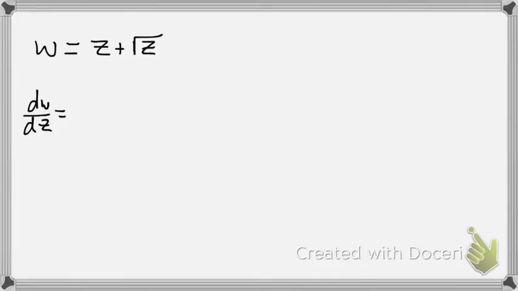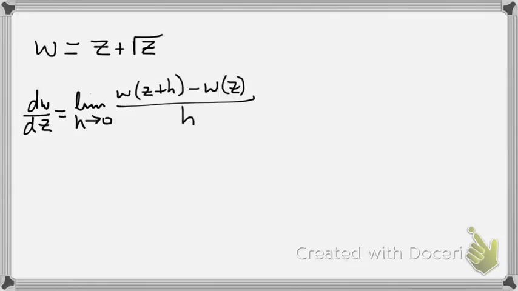All right, so dw/dz, the derivative, by definition, is the limit as h approaches 0 of w of z plus h minus w of z all over h. Do you guys see how I adapted that definition? All right. So we have the limit as h approaches 0, and let's see what we've got.